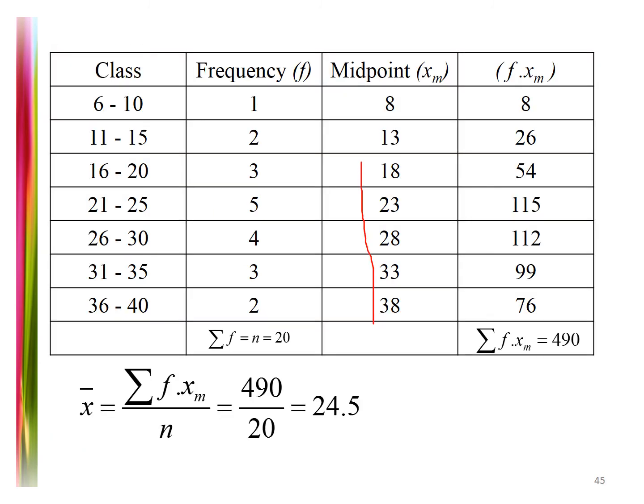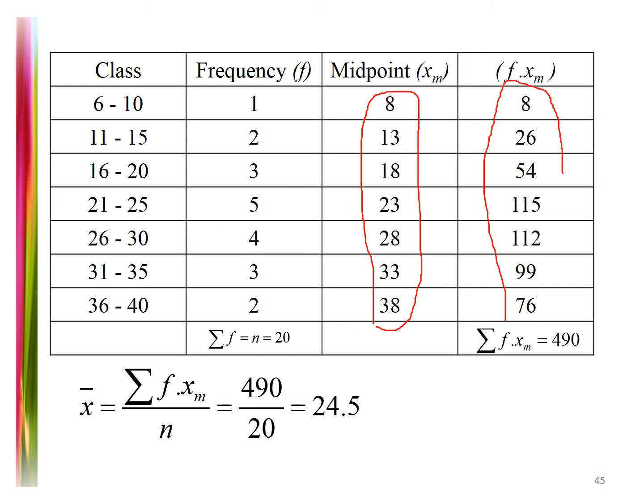So these are the midpoint values. The midpoint means 10 plus 6 divided by 2, that should be 8. 11 plus 15 divided by 2, 13. And similarly the last one, 36 plus 40 divided by 2, should be equal to 38. And then the products: 1 into 8, 2 into 13, 26.